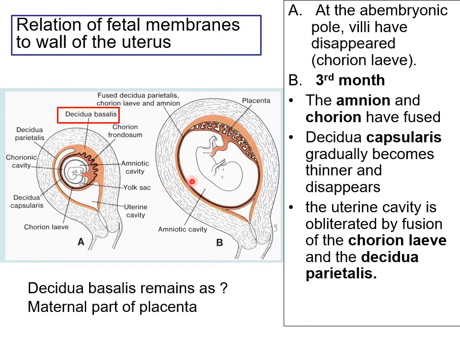And then see in this final picture what happens is that the fused amniochorion, chorion is outside, amnion is inside, fused amniochorion now is, or we also say this is chorion laeve, right? The smooth chorion laeve. So the uterine cavity is totally now obliterated, that means filled up by fusion of this chorion laeve, or we can say amniochorion, and the decidua parietalis.